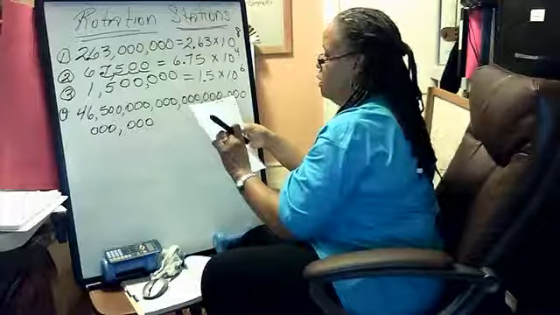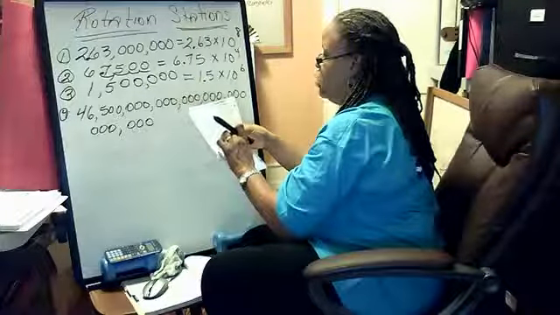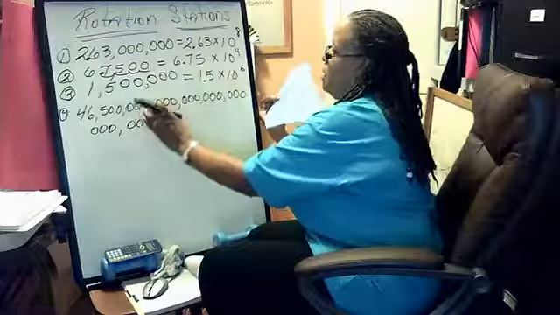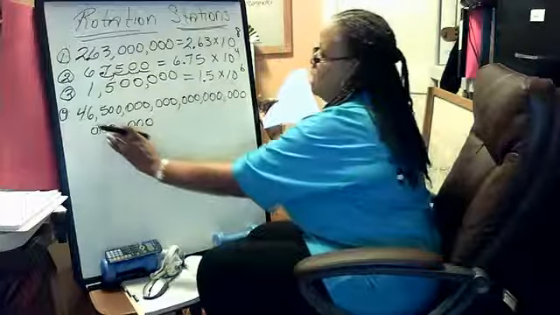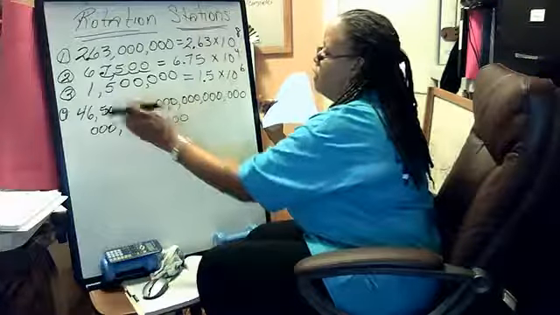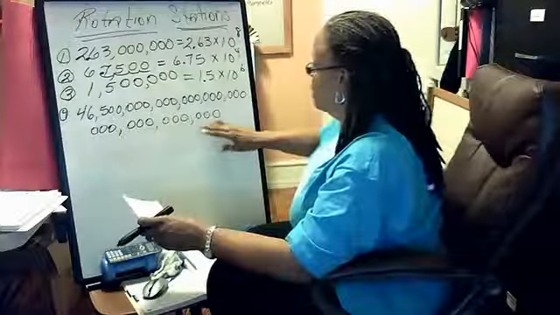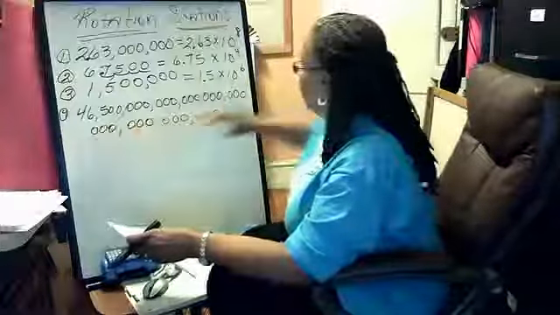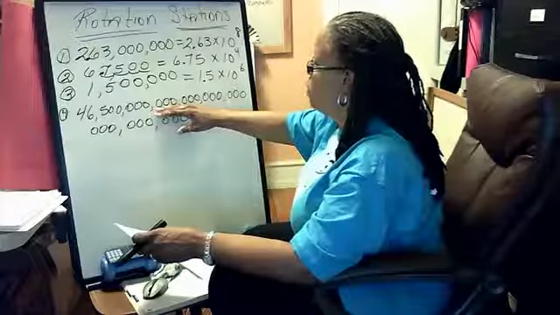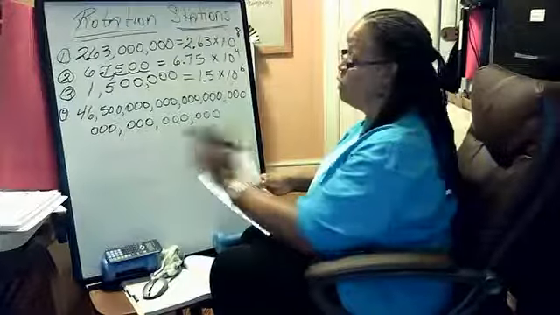Let's see if we got it. 3, 6, 9, 12, 15, 18, 21, 24, 27. Okay, that's how many zeros are attached to this number.